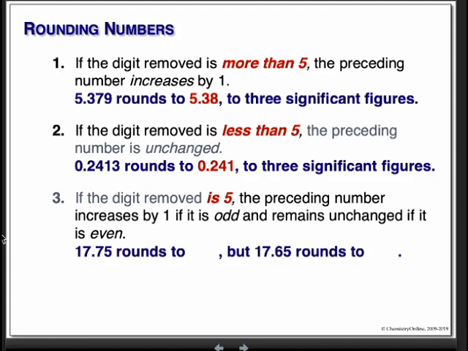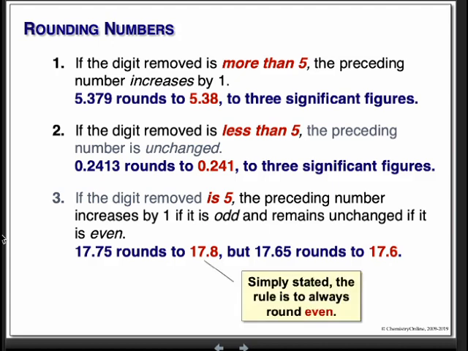So 17.75, getting rid of the 5, would round up. But 17.65, you would round down. You always round so it's even. Any questions?